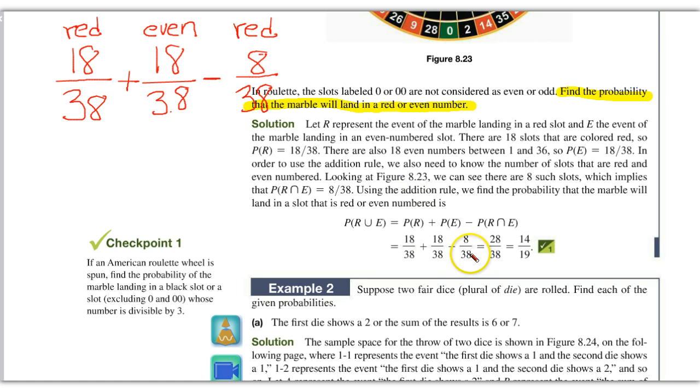So that's what we have here. We end up then with 28 out of 38, which is 14 out of 19. You always want to simplify.